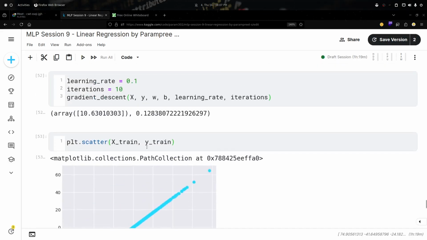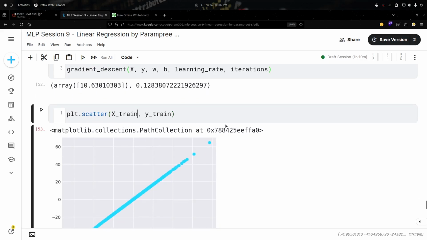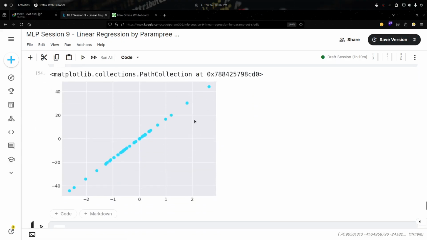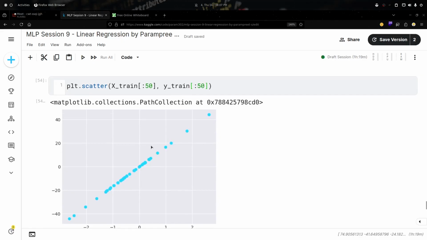Let me just plot it for, let's say, 50 samples, and same for this. So this is the scatter plot which we have. This is for only one feature.